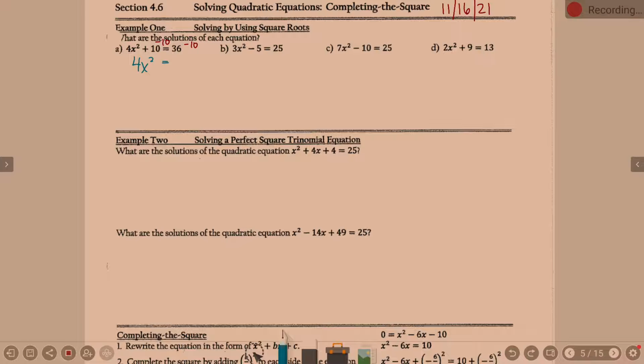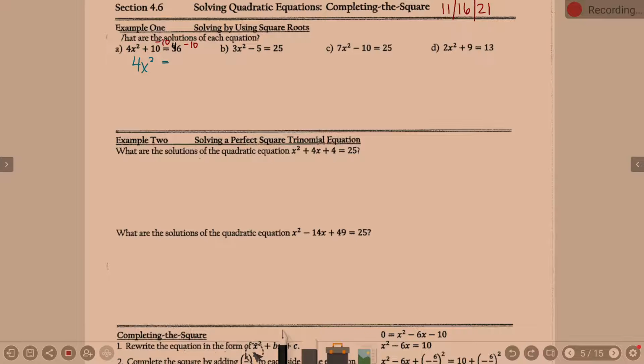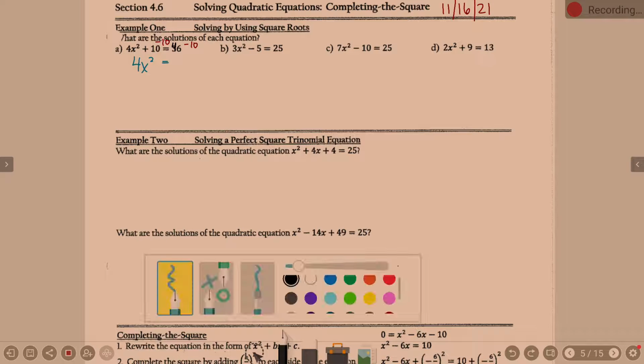How far are you guys? Can I change something real quick? Yeah, sure. I said I'm only as far as you are. What does that mean? To make this problem work right, especially as a first example, make your 36 a 46 there. No, actually it's 4x squared equals 30.